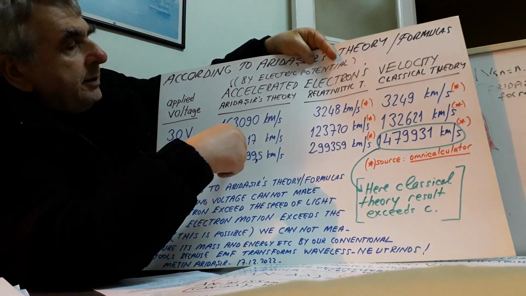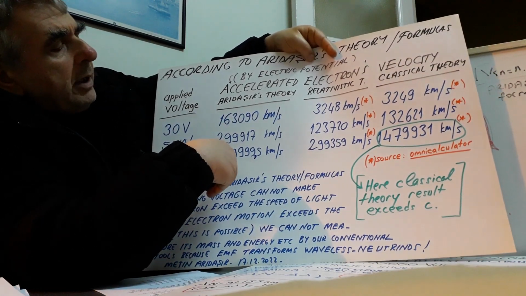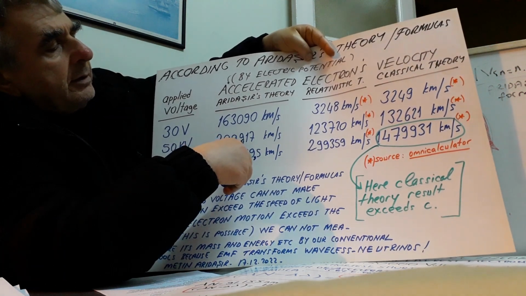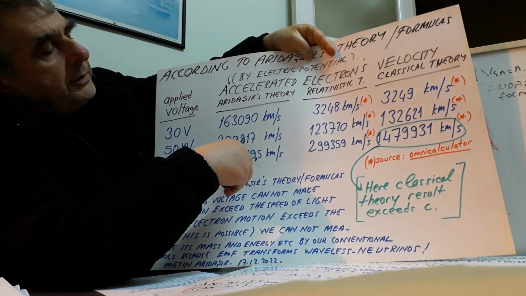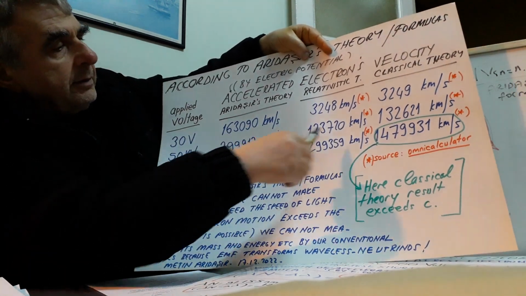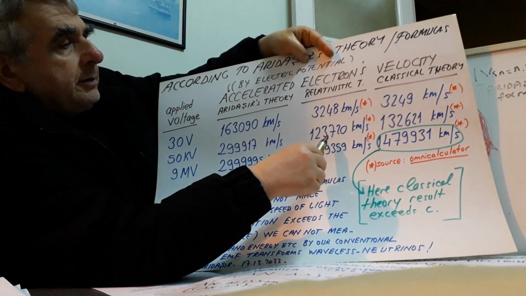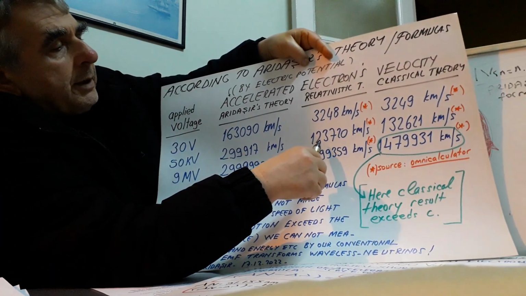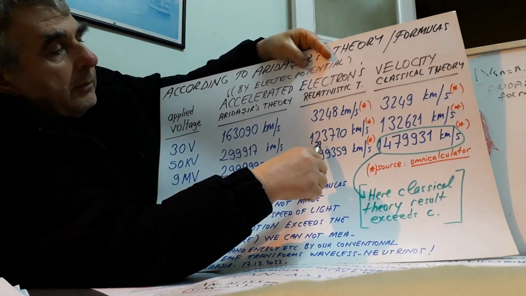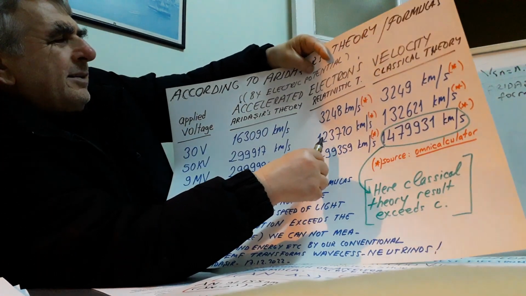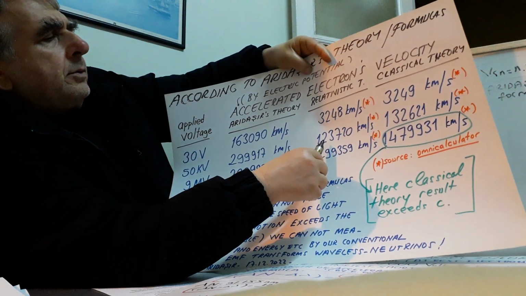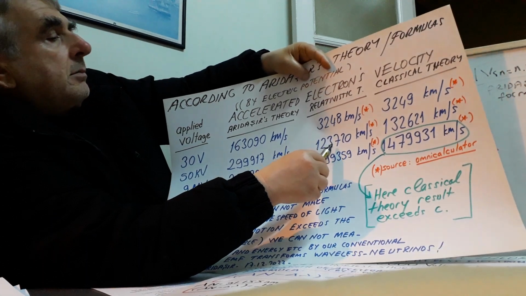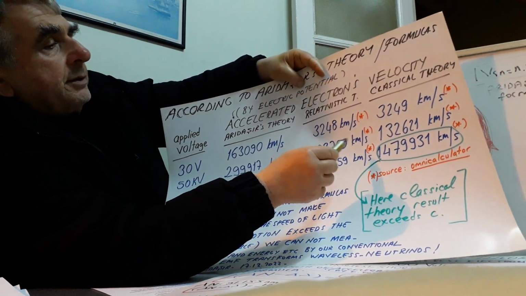My computing, my theory, 299,917 km per second. The relativistic theoretical computation result is 1,237,120 km per second.